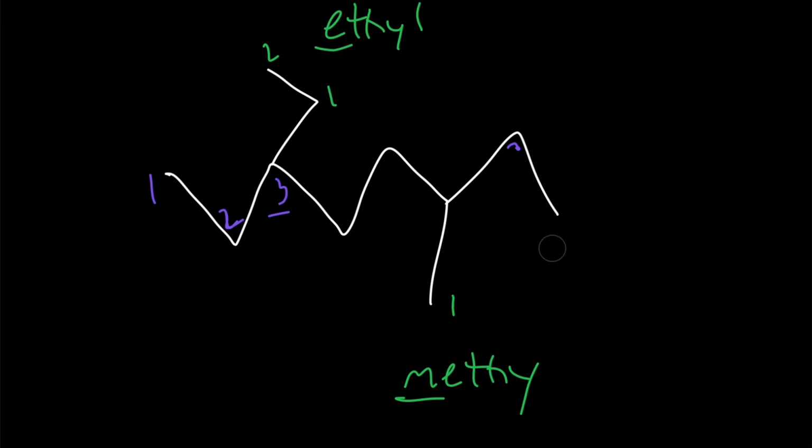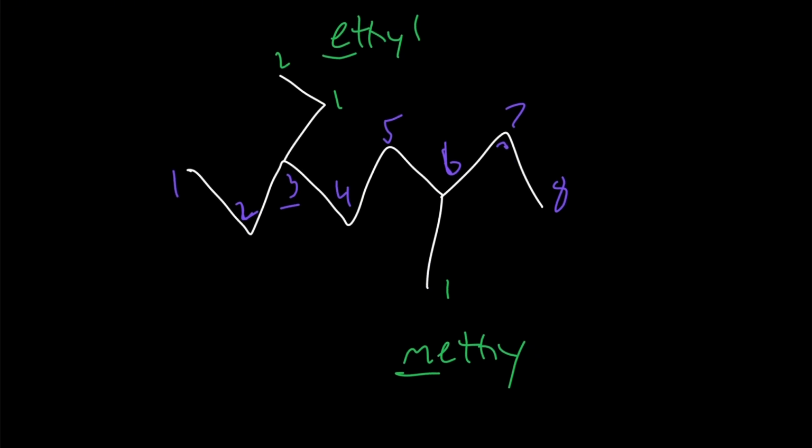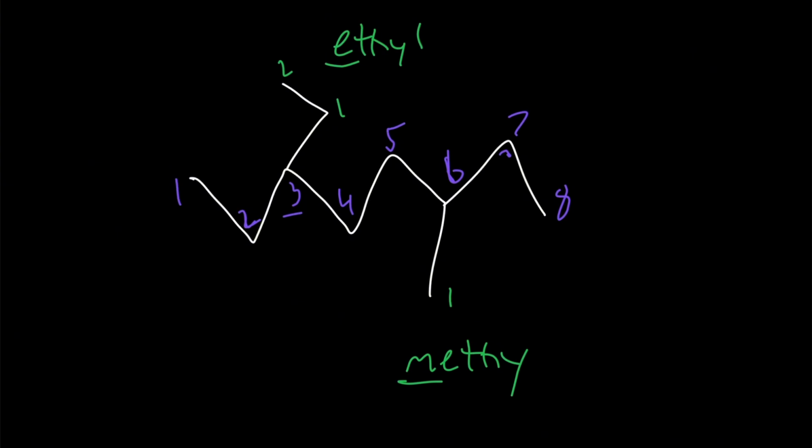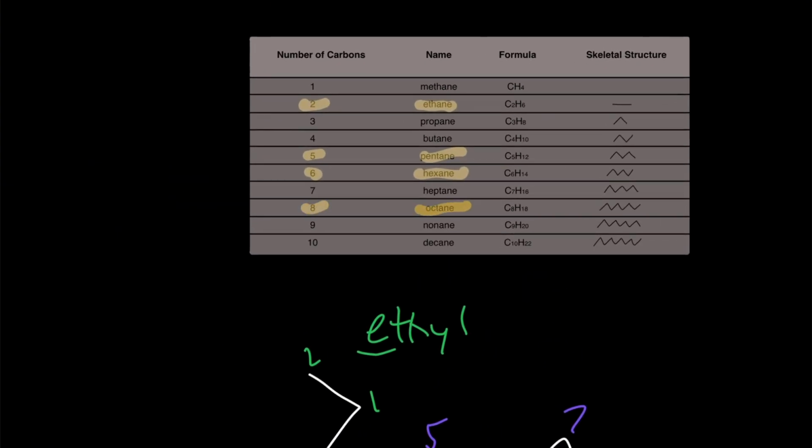So let's show that. This would be 1, 2, 3, 4, 5, 6, 7, 8. And also notice that if we do this as our 7, it'd only be 7 long, and that's not the longest parent chain. So this one has to be an 8. And we see that 8 carbons, that's an octane.